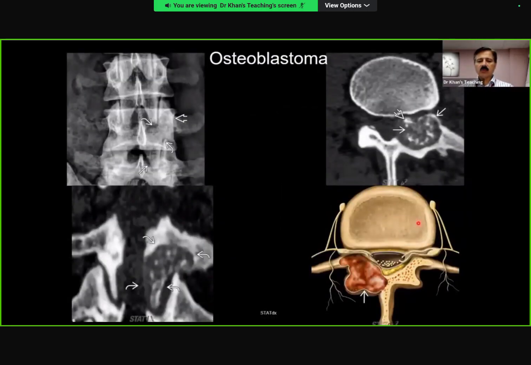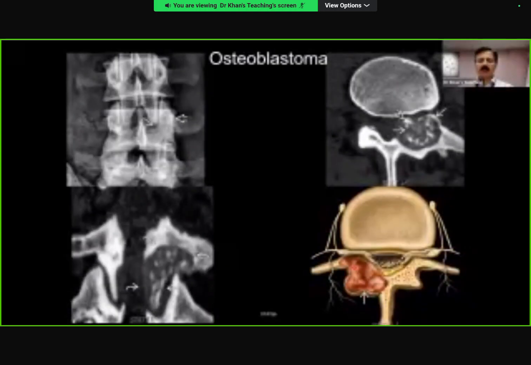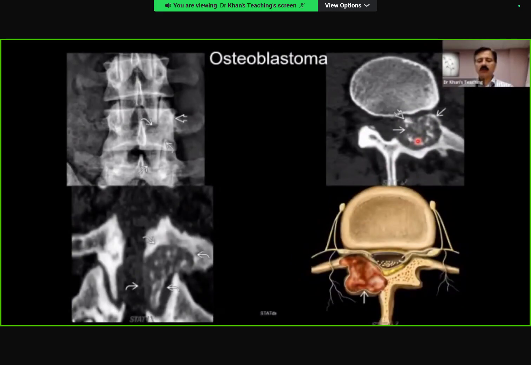And so this is another case where you can see the graphic sitting here, and from literature, another example, lucency with a bit of osteoid matrix. If you see osteoid matrix, you're very confident that this is an osteoblastoma. And if this thing was smaller than 2 centimeter, it would have been an osteoid osteoma.